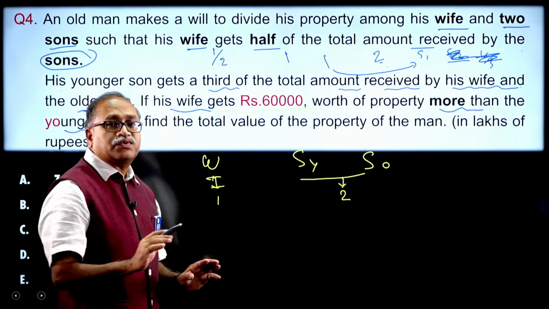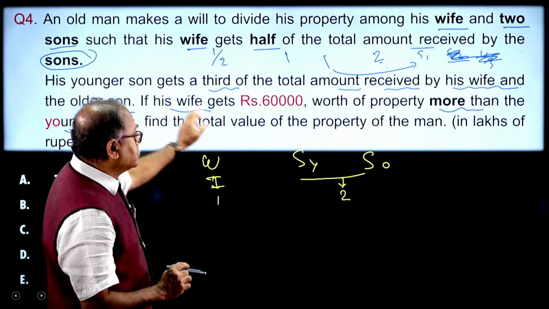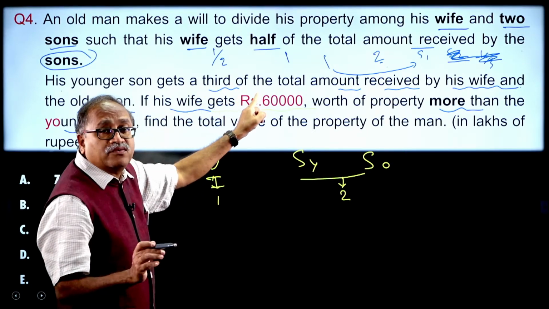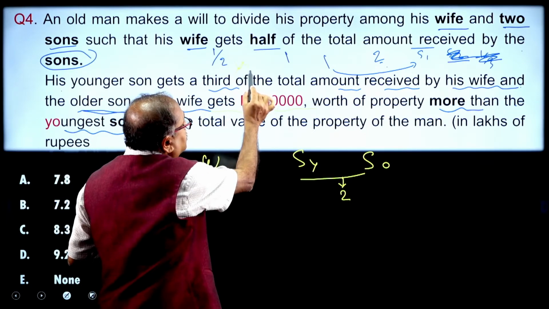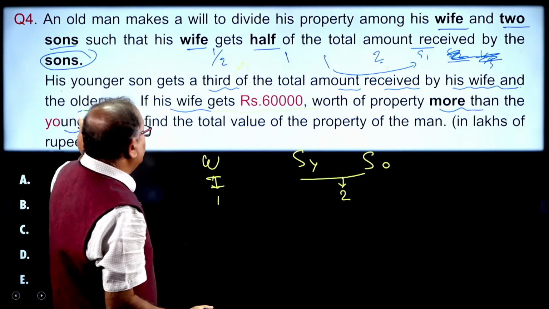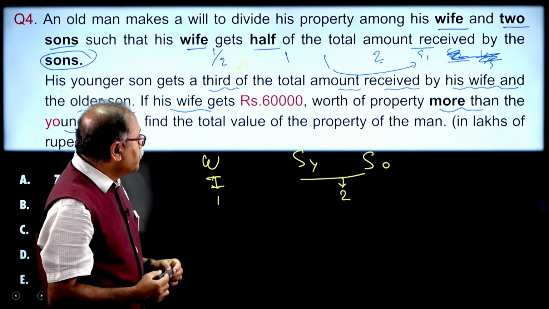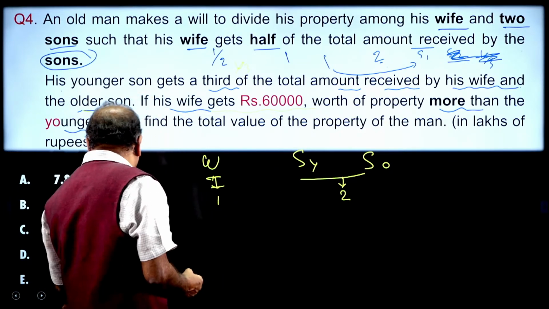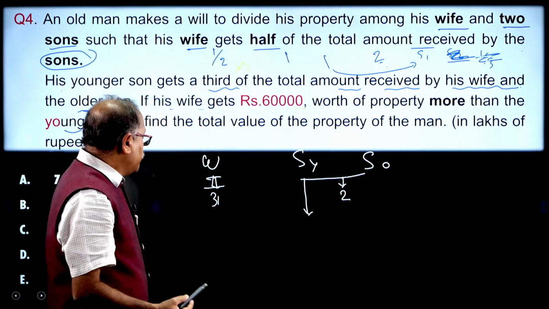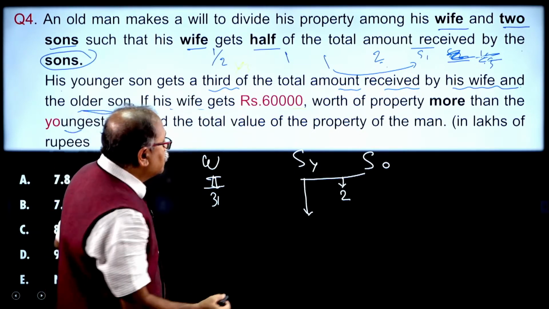Let me write down in this way. And the next one, what happens, that his younger son gets 1/3 of the total amount received by wife and older son. How do I find out? Here the younger son is getting how much? 1/3 of the total money.